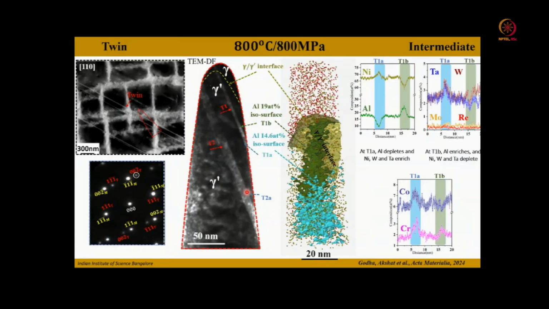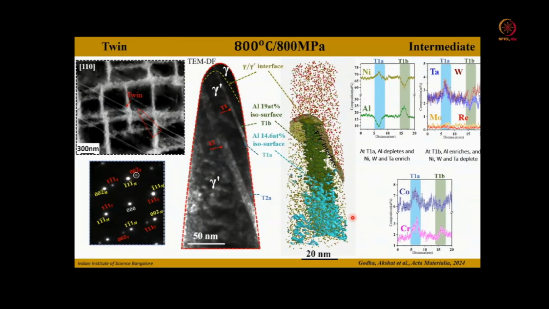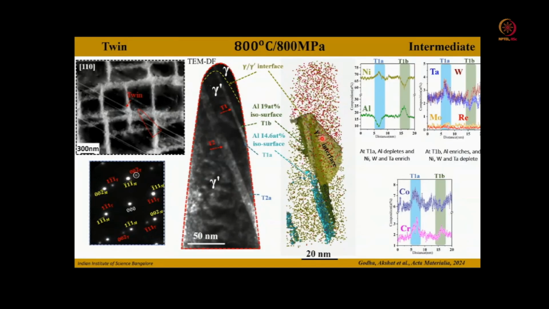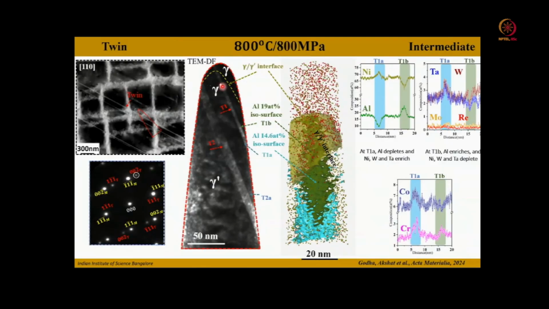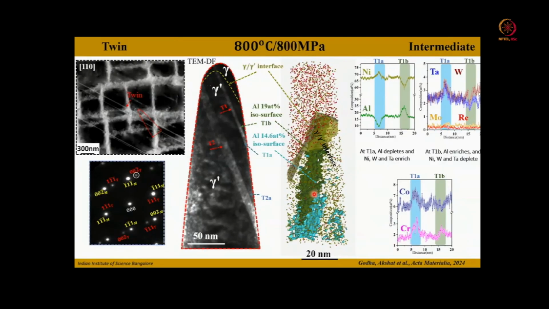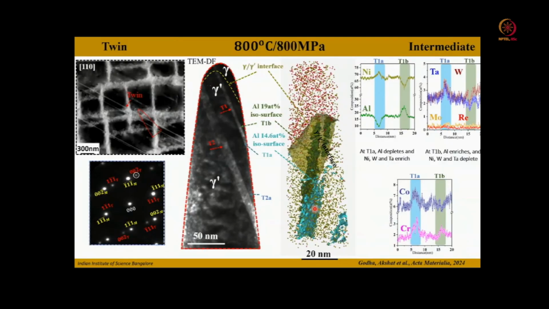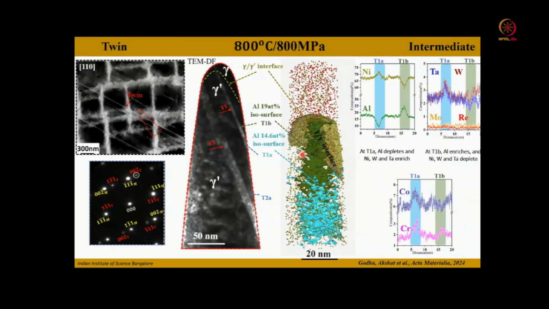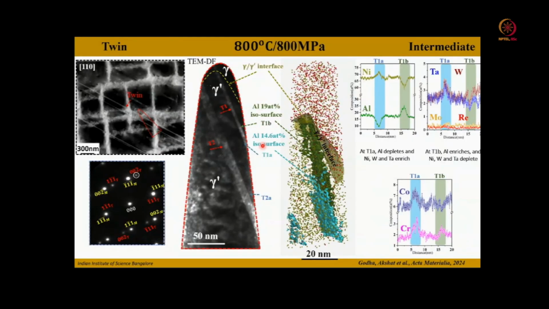On the same atom probe tip, he performed the atom probe for the chemistry, and you can see this gamma gamma prime interface exactly at the top, and these planar interfaces are reconstructed with two different isosurface values.